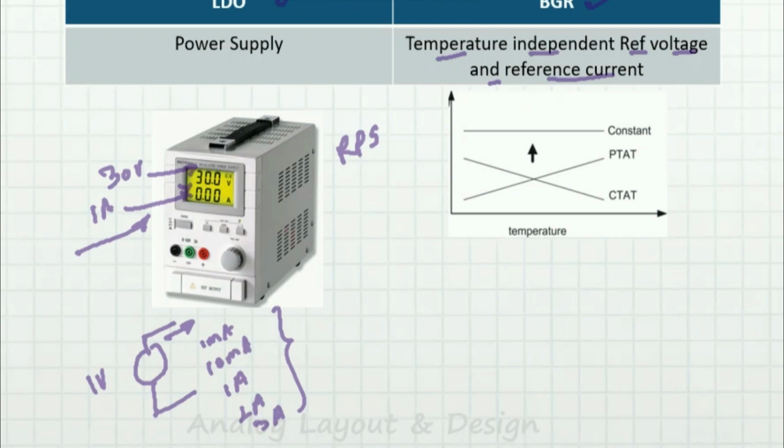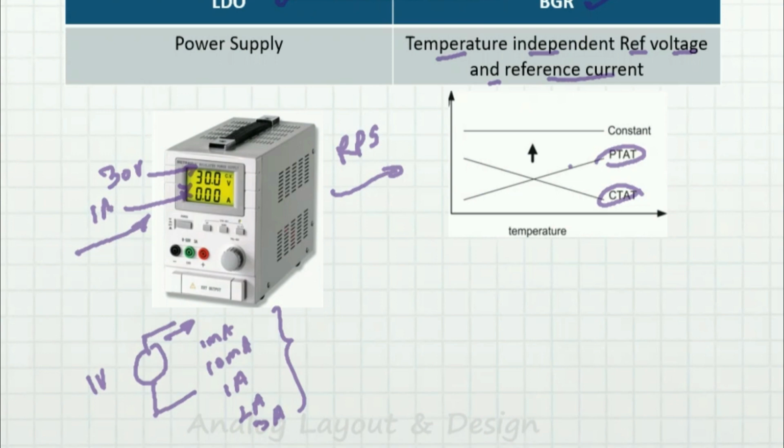What is the basic working principle of BGR? Whatever power supply you give, you give this supply to this block. This supply may vary, but irrespective of the power supply variation and temperature variation, it will have a PTAT, proportional to absolute temperature, quantity, and a CTAT, complementary to absolute temperature, quantity.